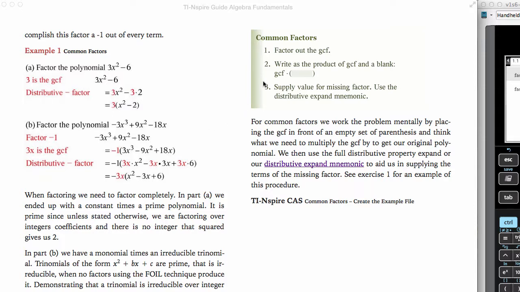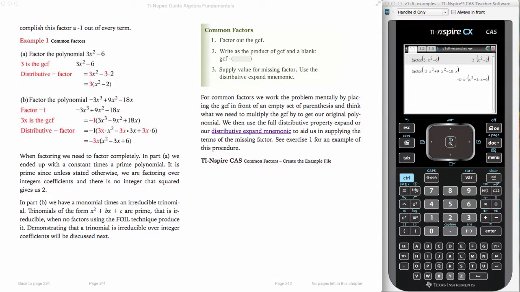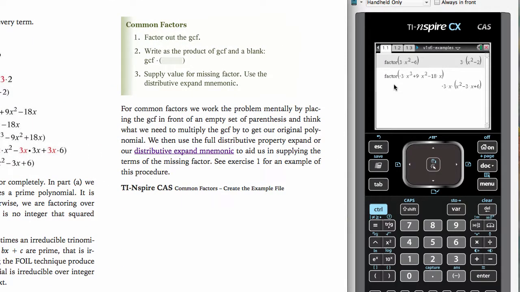An easier way to think about factoring out the GCF, rather than write it in each part, is to put the GCF out at the front and think what goes in the blank to turn up with this answer. So that's what we're going to take a look at next. On our calculator, we have loaded this problem in.